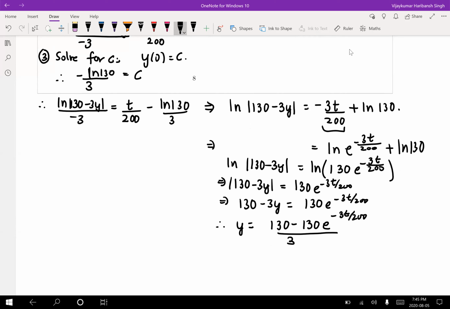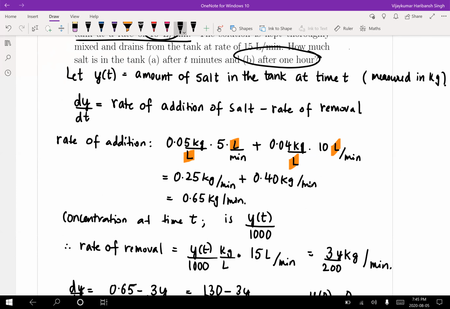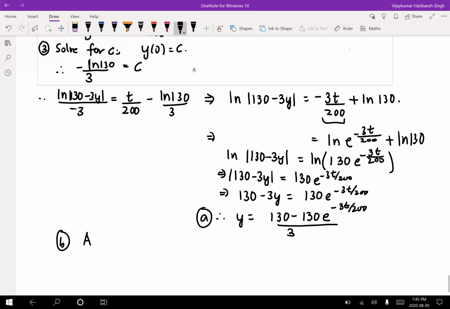Now, this was part A. This is the amount of salt at time t. So B, what happens after 60 minutes? That's what part 2 asks, after 1 hour.